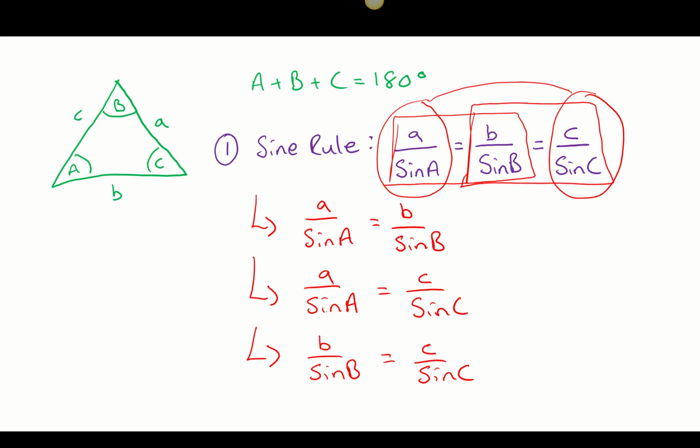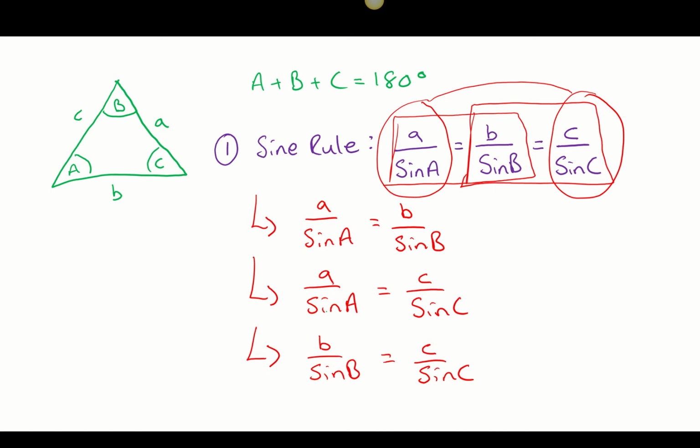That may look confusing, but what we're saying is the sine rule works for any triangle when you take them in pairs, with their side and their angle. That would be a pair, and you let that equal another pair in this format, where the length of the side is divided by the sine of the angle.